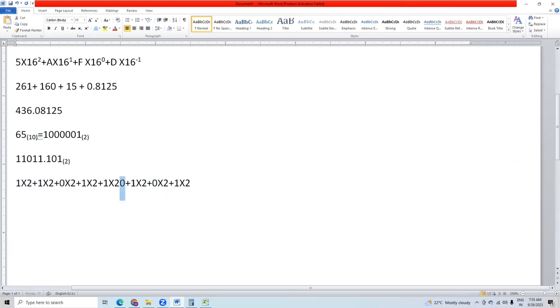So I have to write here raised to 0 and then here raised to 1, and this is raised to 2, and this is raised to 3 and this is raised to 4. And now here what do you have to do? This one minus 1, minus 1, minus 2 and minus 3.